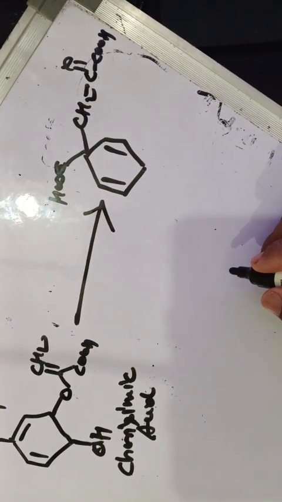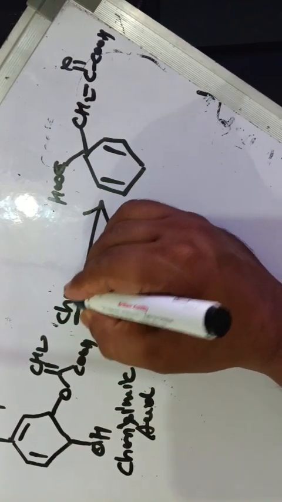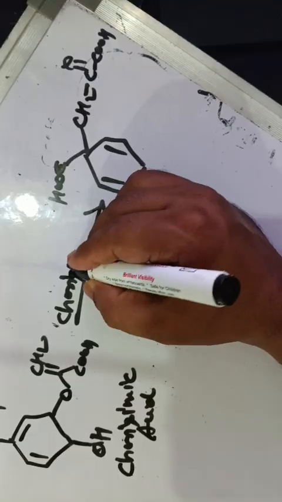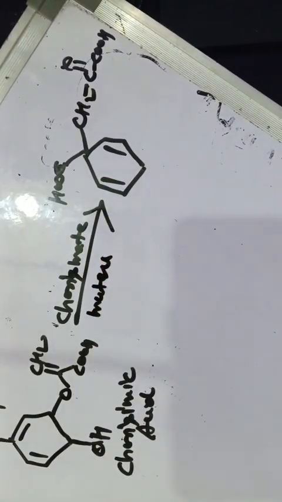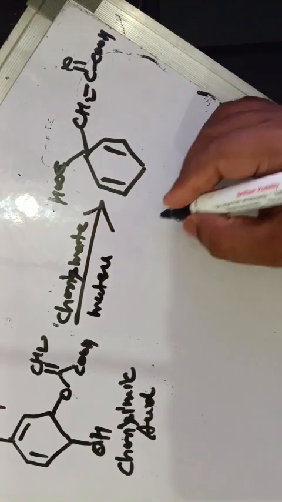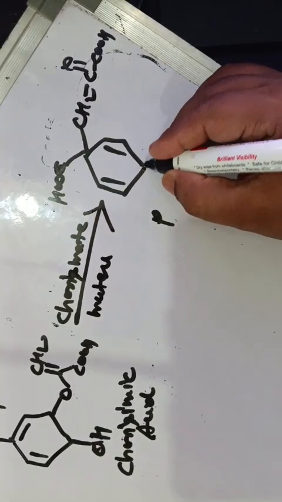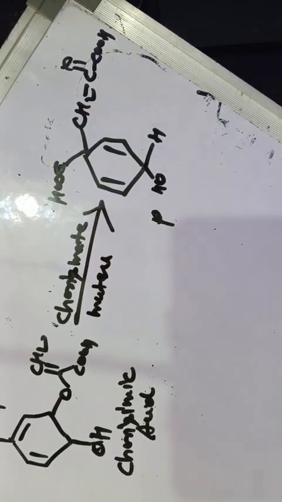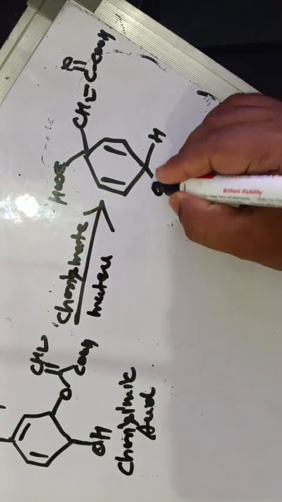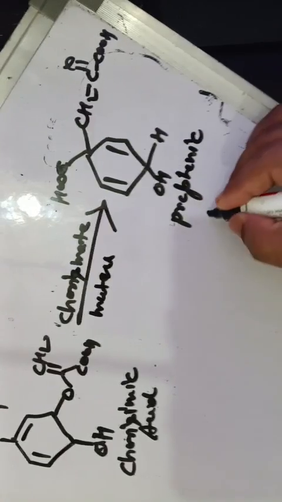But during this reaction, there is a need of an enzyme, that is chorismate mutase. This is the enzyme which is used for the formation of prephenic acid. This is prephenic acid.